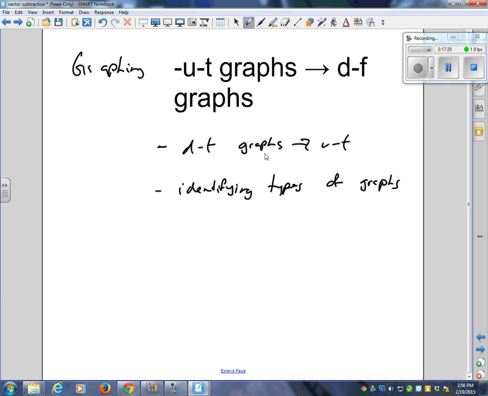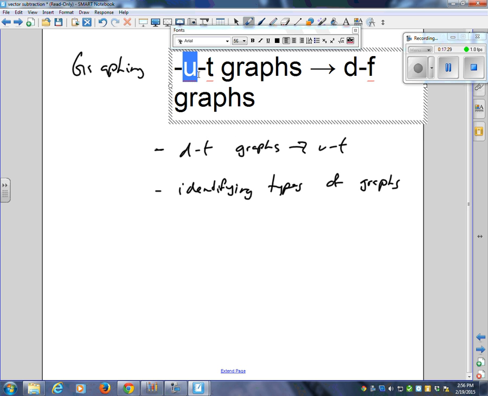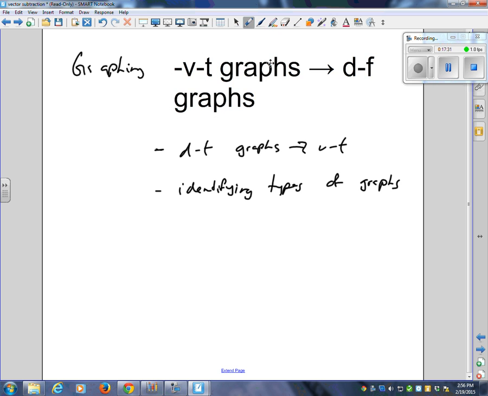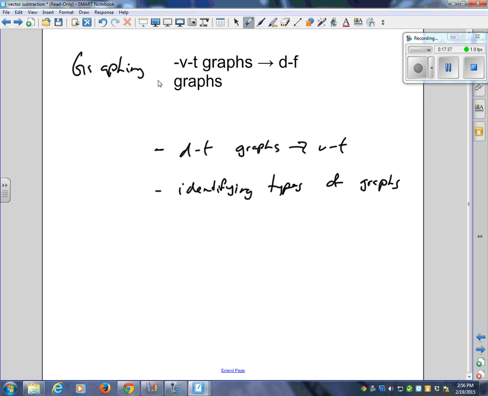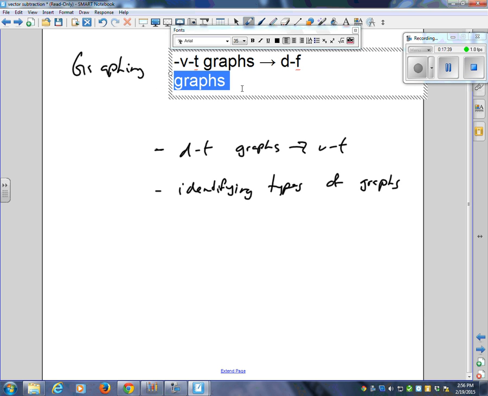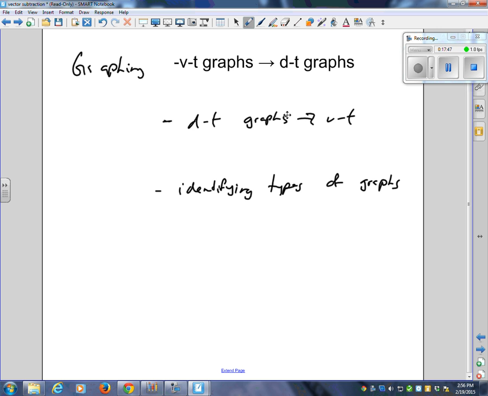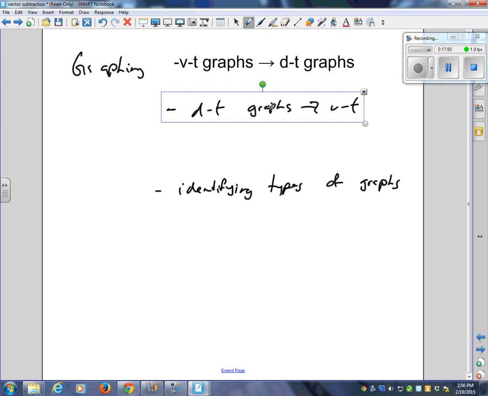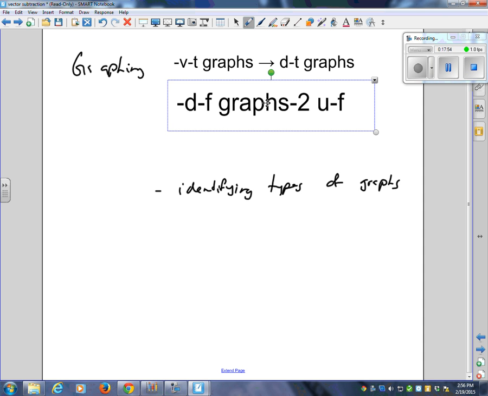What do you mean by types of graphs? Acceleration, velocity. That's going to say it on the side. They'll probably say which one it is. So what I'm talking about is you will have at least one where I'll give you a VT graph and you have to turn it into the DT graph. The opposite, DT graphs to VT graphs.